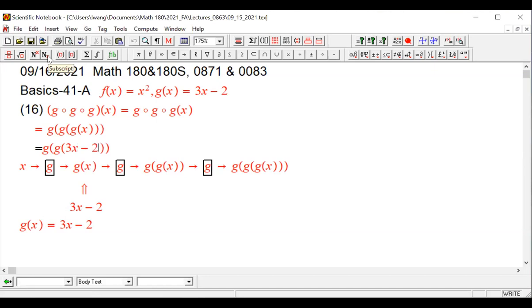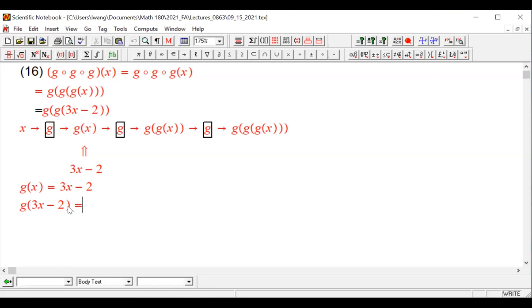Do you follow me? Because this part is already finished. We got 3x minus 2, and now 3x minus 2 will be used as input. So now we're looking at G of 3x minus 2. If G of x is 3x minus 2, what is G of 3x minus 2? You guys follow me?